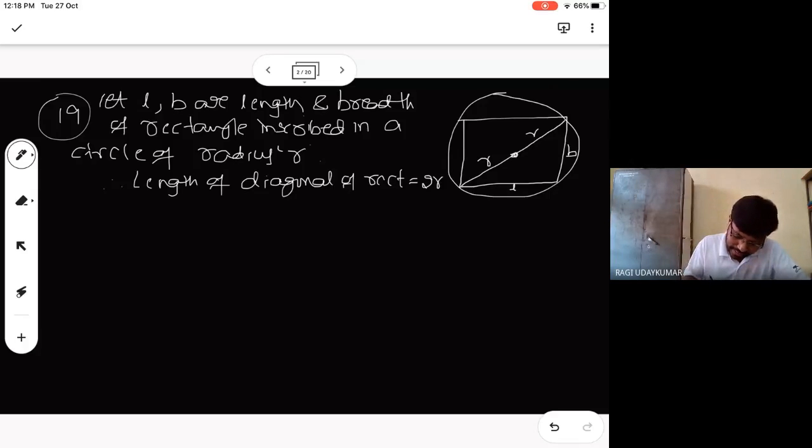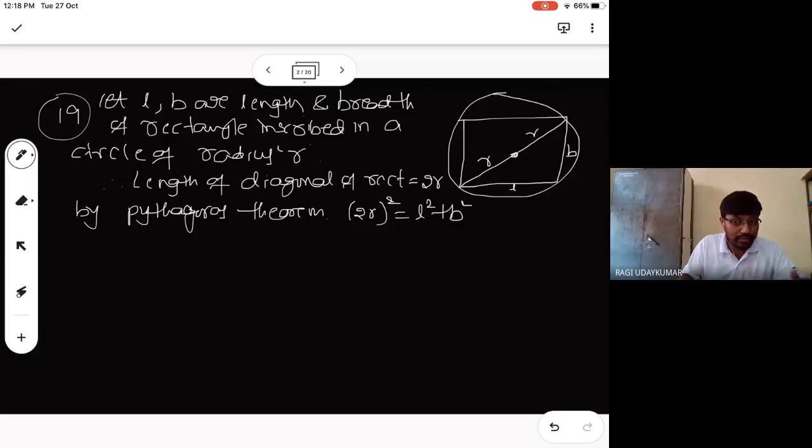So by the Pythagoras theorem, what do you get here? 2r whole square is equal to L square plus B square. Because we are going to find out the area of the rectangle, which is length into breadth, either length is to be converted into breadth or breadth into length, in terms of the radius of the circle.